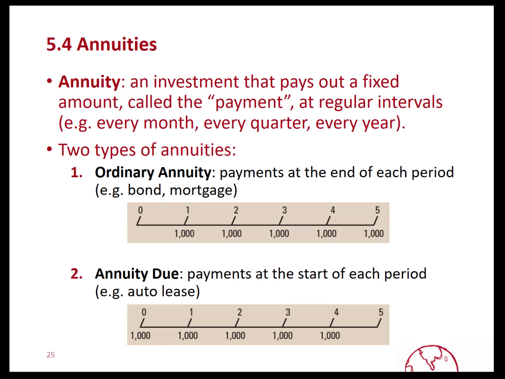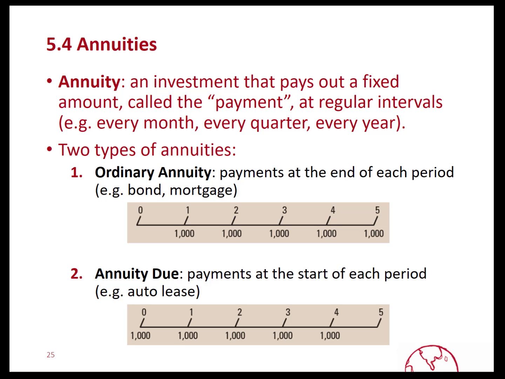The second type of annuity is called an annuity due, and this is maybe a confusing term, but notice that in an annuity due, the payments are at the start of each period. And this is how we're going to be pricing leases, such as an auto lease. So if we start today making a payment on an auto lease, you actually make your first payment on day zero.